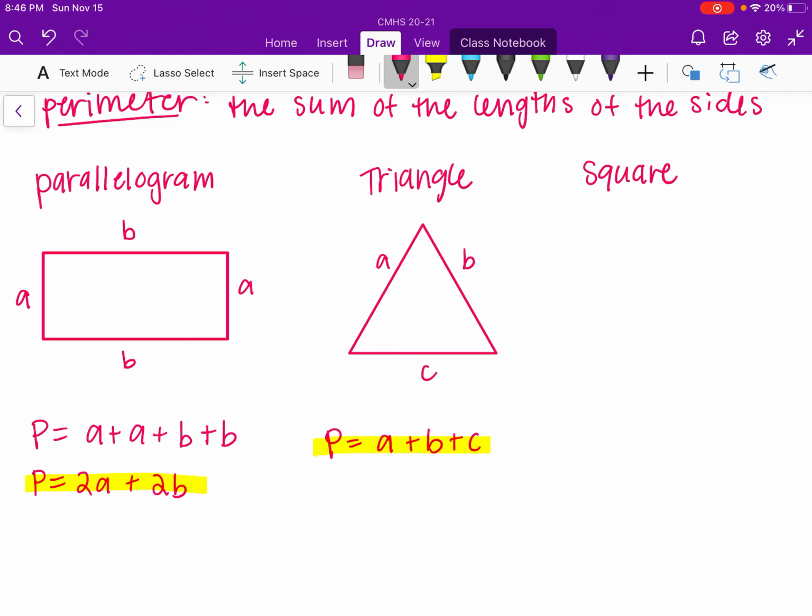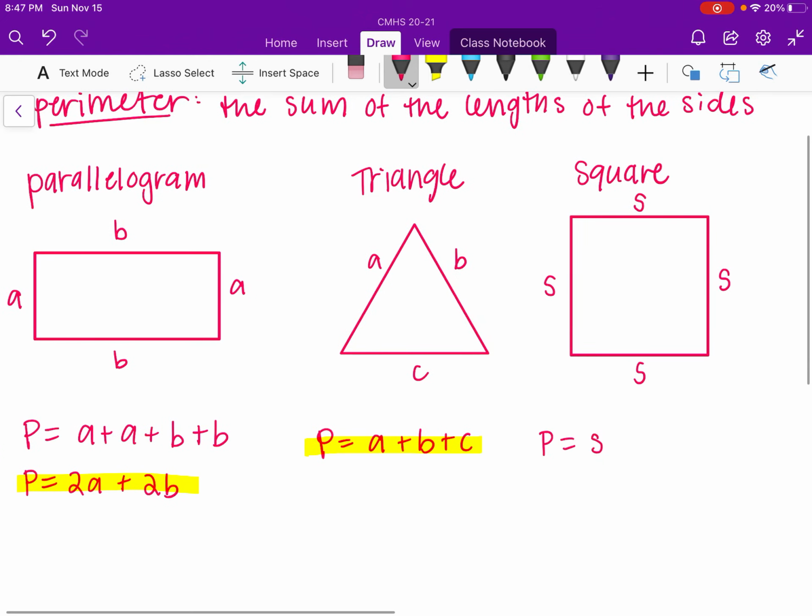And last but not least is a square. I'm going to see if I can do a good square. That's pretty good. Here, all of the sides are the same length, remember? So I'm just going to put S, S, S, S, because all of the sides are the same.